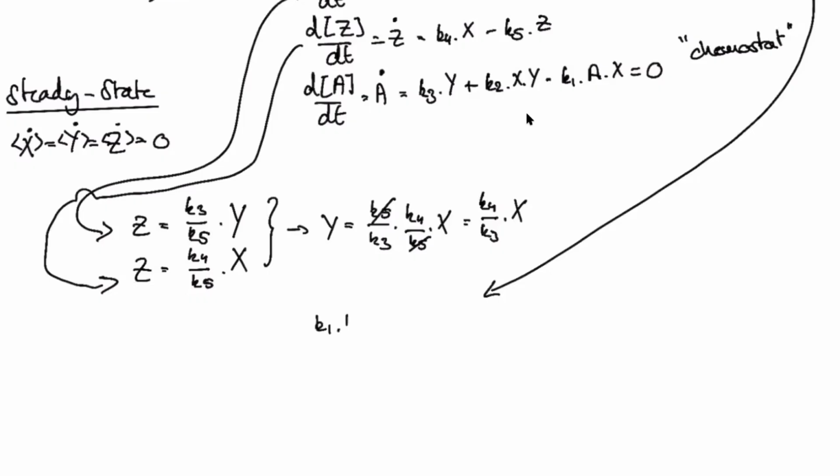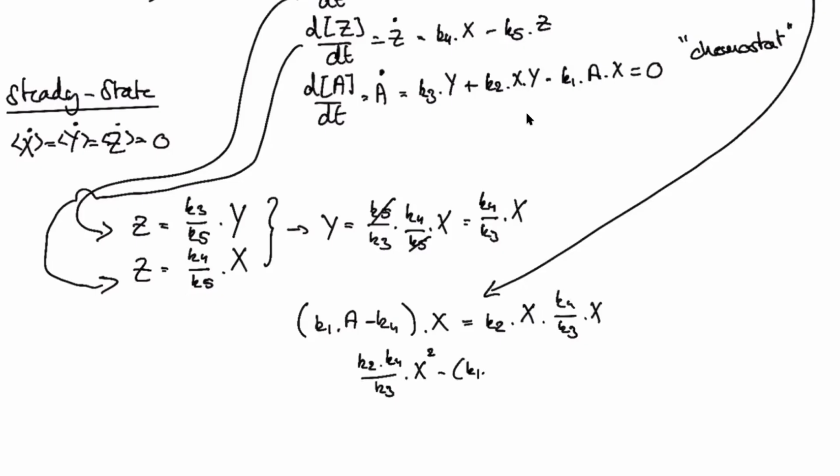So K1 times A minus K4 times X equals K2 times X. Now I'm substituting K4 over K3 times X. So from that, we get K2 times K4 over K3 times X squared minus K1 times A minus K4 times X equals 0.